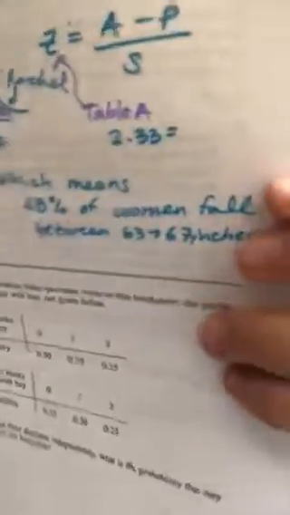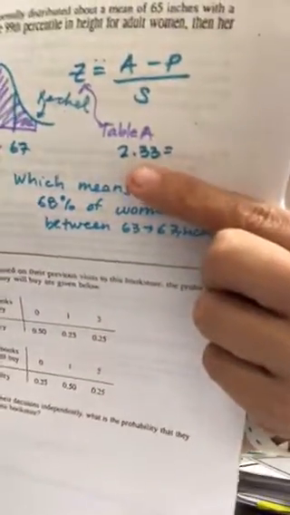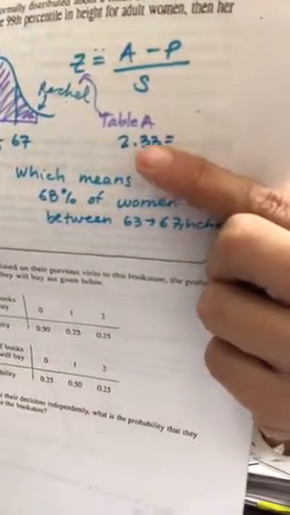You just zoom in until you see a number really close to 0.99, because all the numbers in here are the area under the curve. I do that, and I see the number 2.33. So the Z-score from table A for an area of 0.99, the 99th percentile, is 2.33.